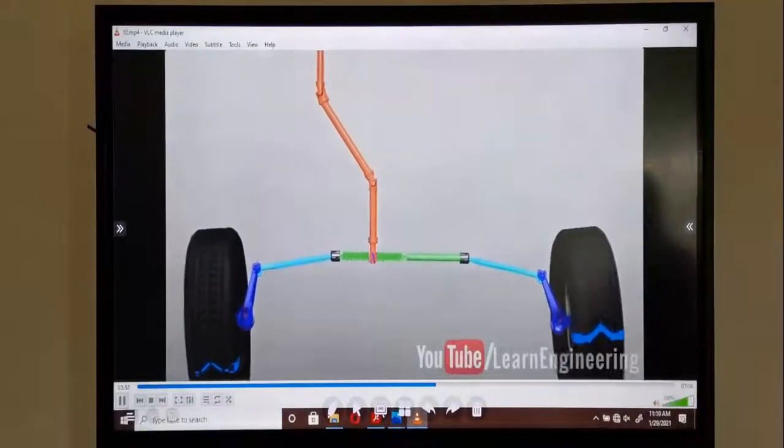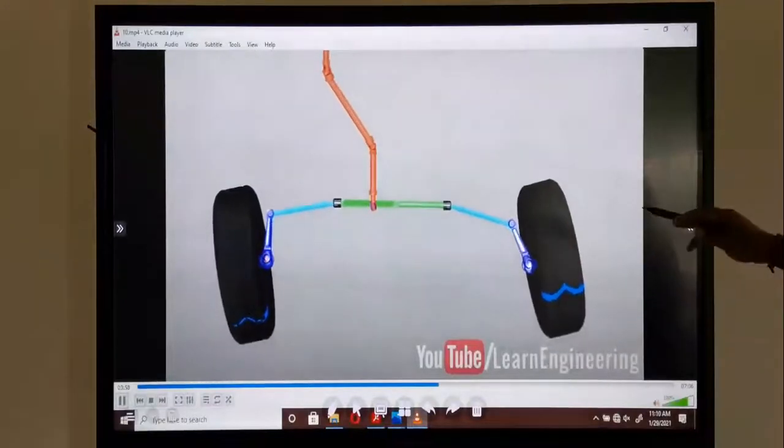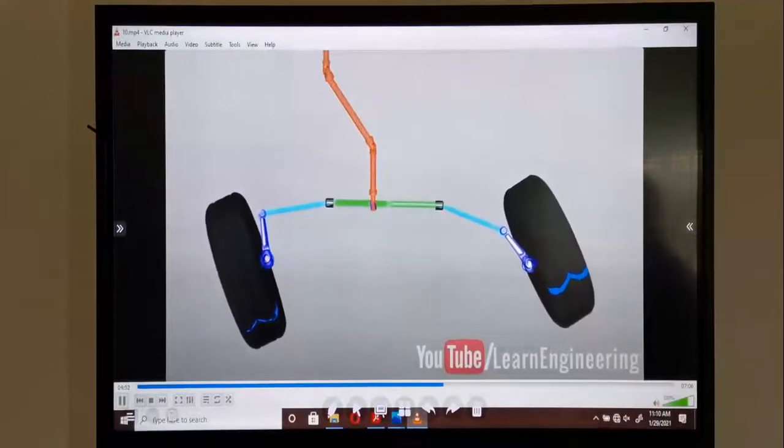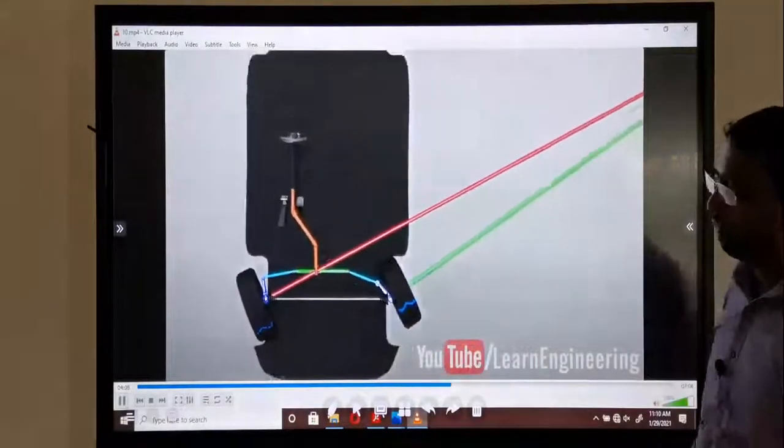You can see when the pinion is rotated, what will happen? This rack is moved to the left or right direction. According to that, these wheels are turned with a higher angle.